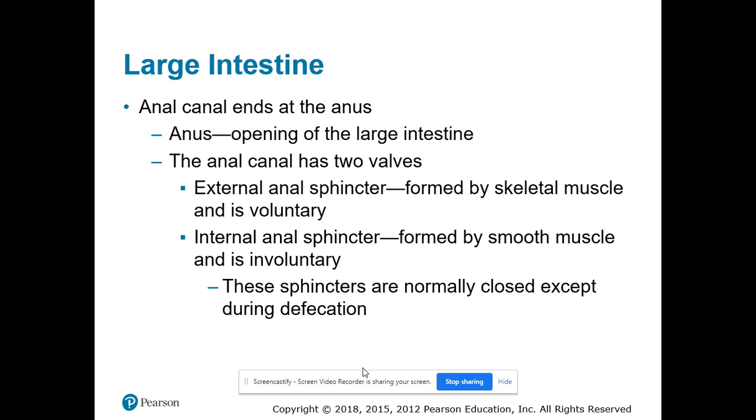You often have the urge to use the restroom for a number 2, but unless you allow that sphincter to relax, you can hold in the need to use the restroom. However, the internal anal sphincter is formed of smooth muscle, and this is involuntary. Most of the time, these sphincters are closed unless you are doing defecation, or otherwise known as pooping.